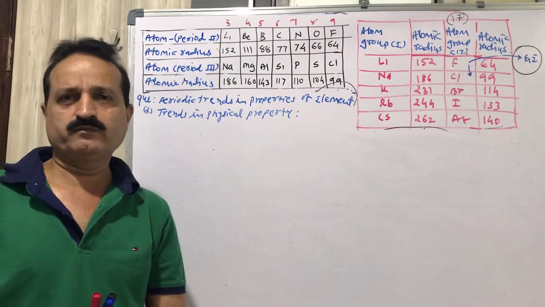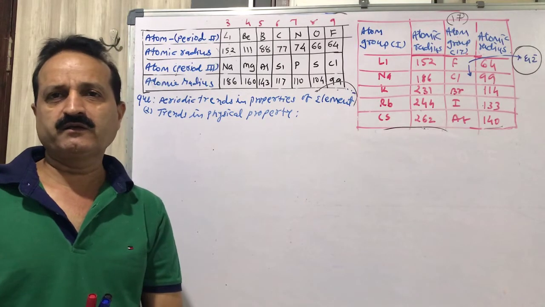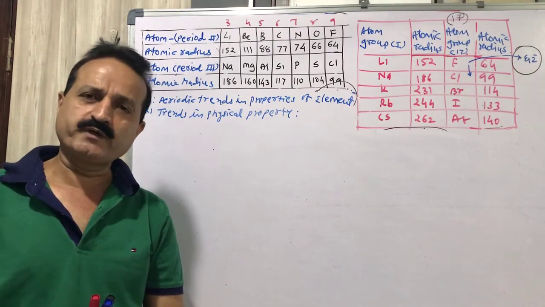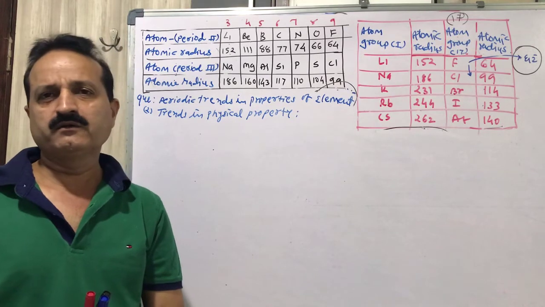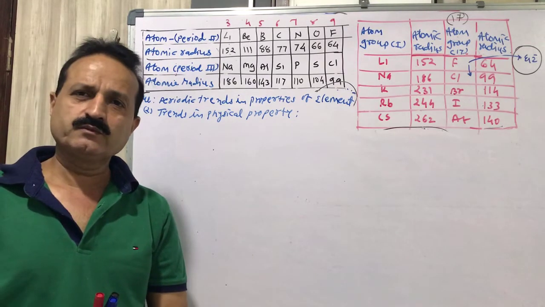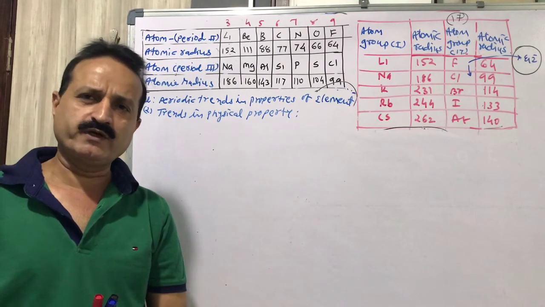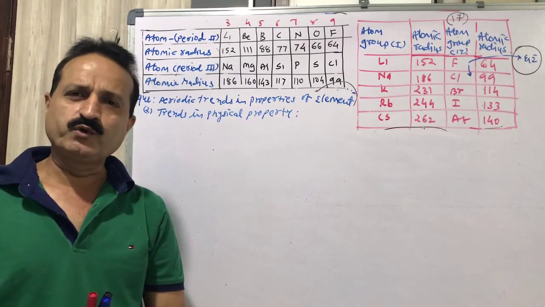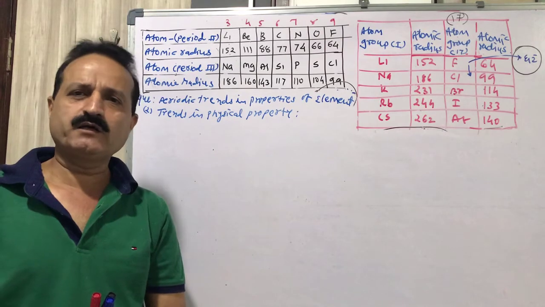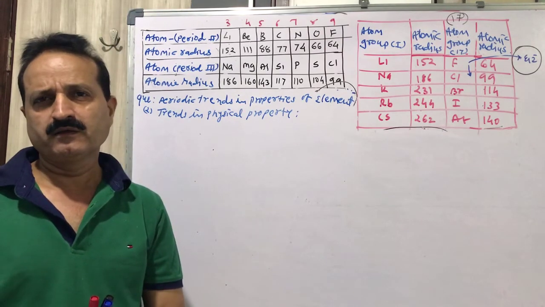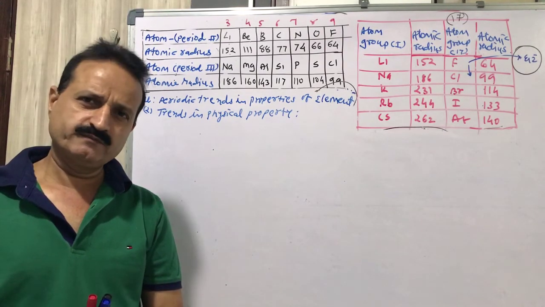There are some physical and chemical property differences due to their electronic configuration and due to their metallic, non-metallic and noble gas property.